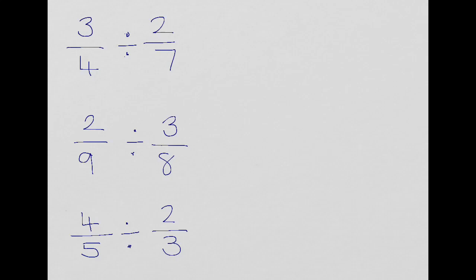So with these next ones, first stage, I want you to rewrite them as a multiply. So what would 3/4 divided by 2/7 be? I want you to keep pressing pause in this. So you're going to press pause now. What is that going to be? That's great.